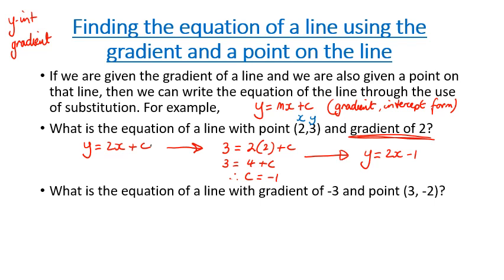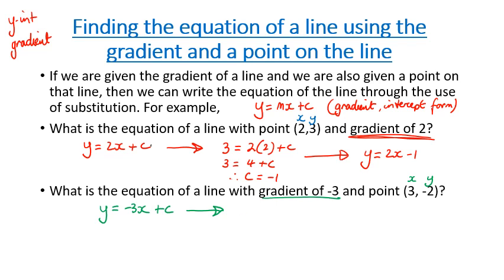Let's have a look at another example. It says, what is the equation of a line with a gradient of minus 3 and a point (3, -2)? So remember again, these are our x and y values. Our equation for the line is y equals negative 3x, because negative 3 is our gradient, plus c. I'm just running out of room, that's why I'm doing the arrows like this, but I'm now going to substitute my values in.